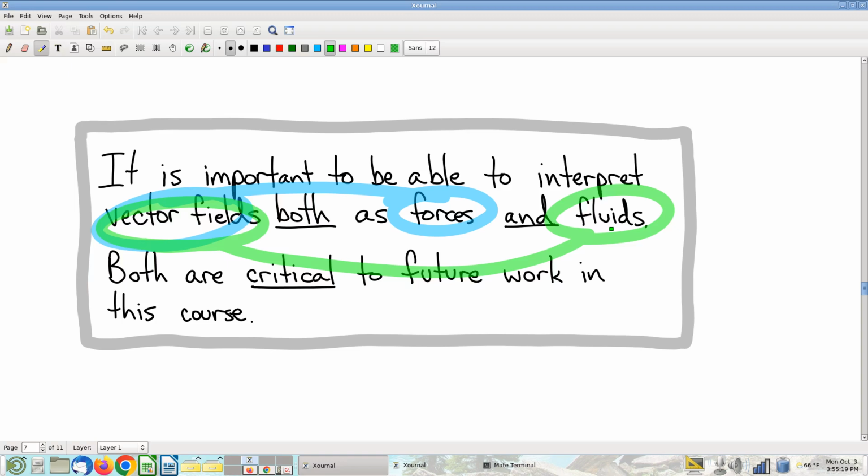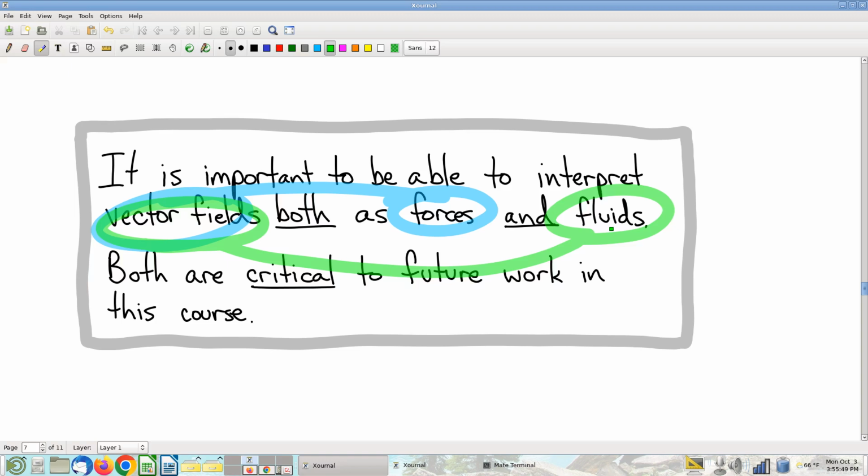The problem is that sometimes students will decide they like one or the other of these better, and will then cling to that one. I'm going to think about everything in this course in terms of forces, and I don't like the whole fluids thing. I'm going to ignore that, right? Or vice versa. Maybe you like fluids, and the forces thing's a little bit mysterious.